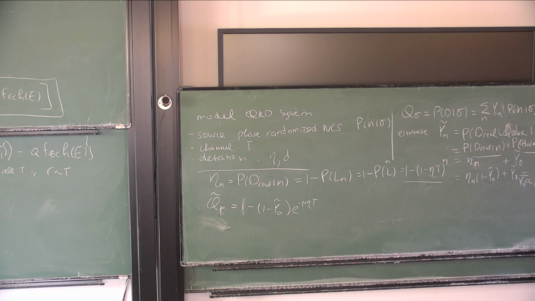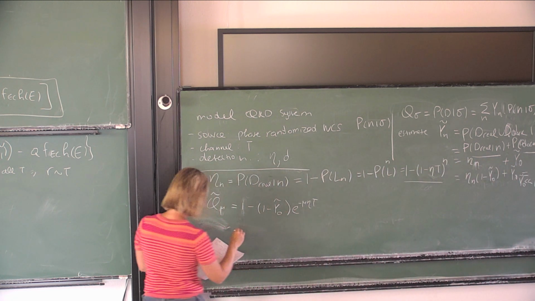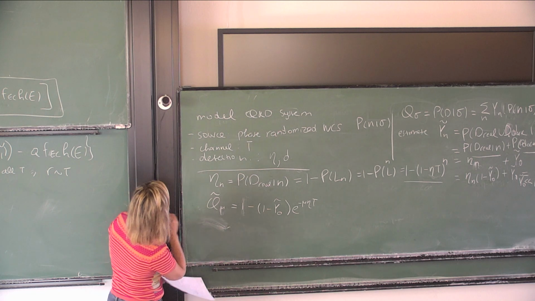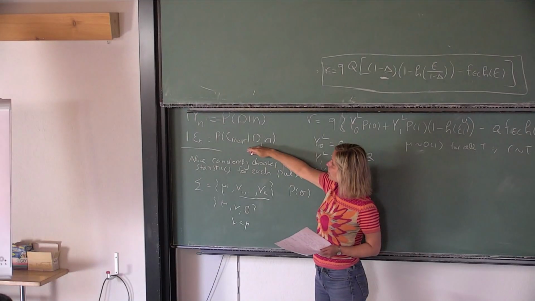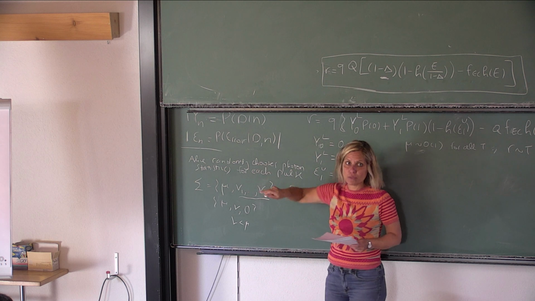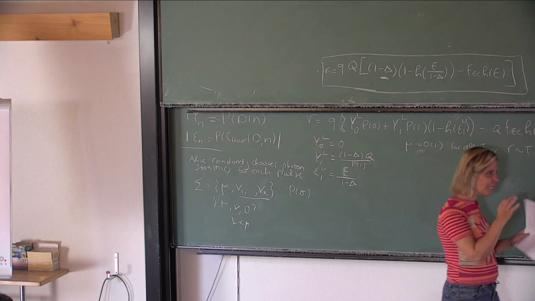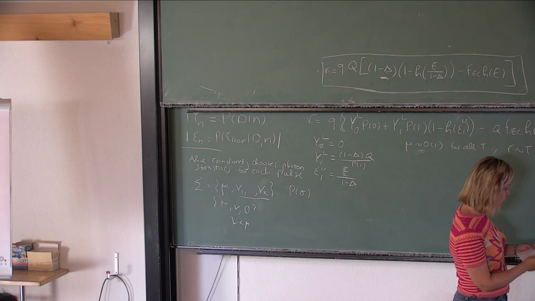What do I need? The errors. I need to be able to estimate my errors. Remember that what we care about is the errors. Did I write them? Yes, there we are. These are the n photon error rates that I care about, and I would like to calculate them now for my QKD system model, where I have now included all the important parameters.